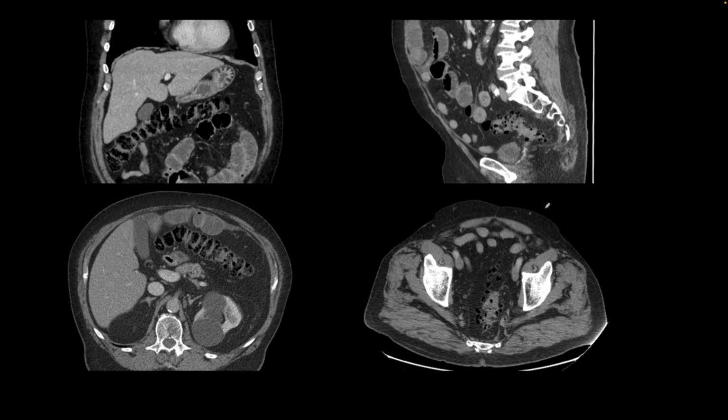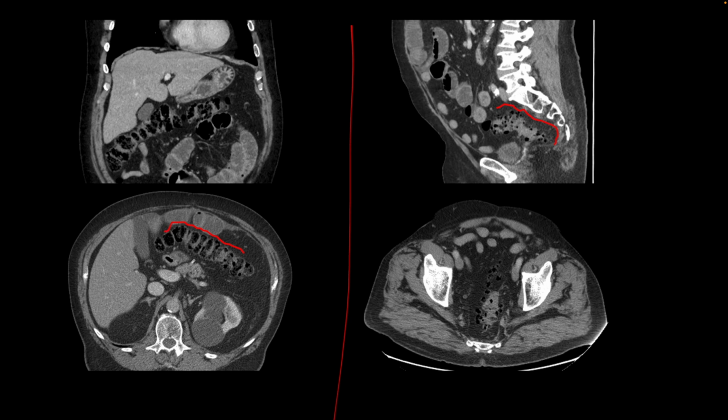This is our first patient, and here the teaching point is how to differentiate between haustra, which are physiologic and seen normally in the colon, from diverticuli, which are pathologic and seen predominantly in the distal colon.